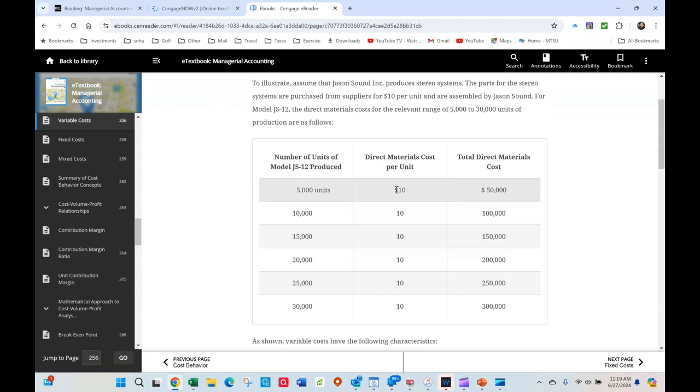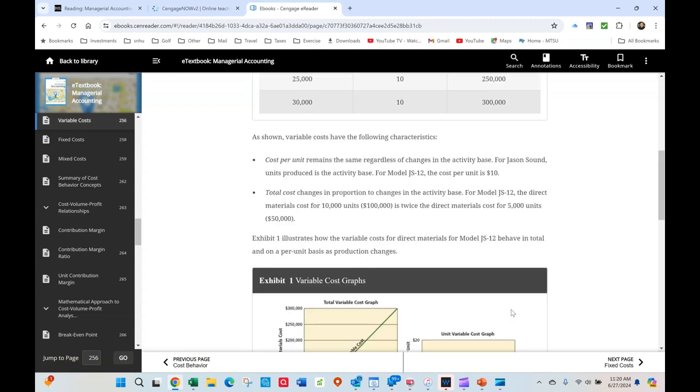So variable cost in total will increase as your volume increases, but per unit, it is going to stay the same. You can see here, volume went from 5,000 units to 30,000 units. Variable cost went from 50,000 to 300,000.